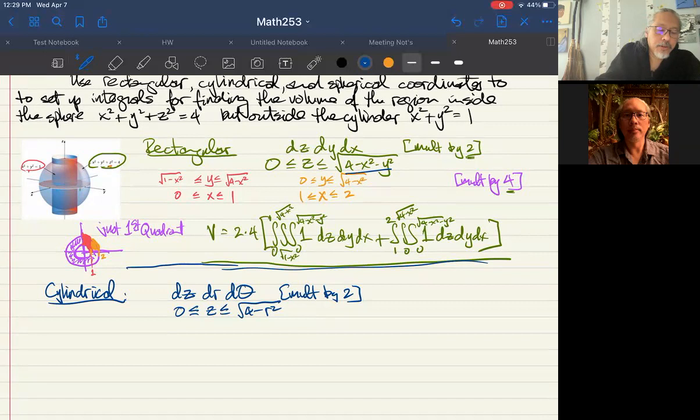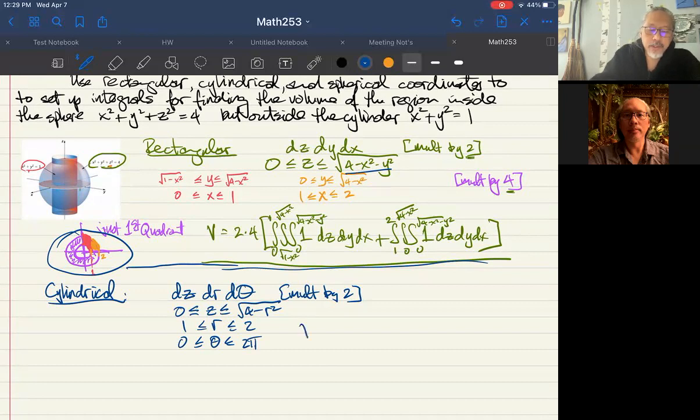And now if we focus on this washer, we can easily express that in cylindrical coordinates by letting r go from 1 to 2 and letting theta go from 0 to 2 pi. Okay, and that's it.